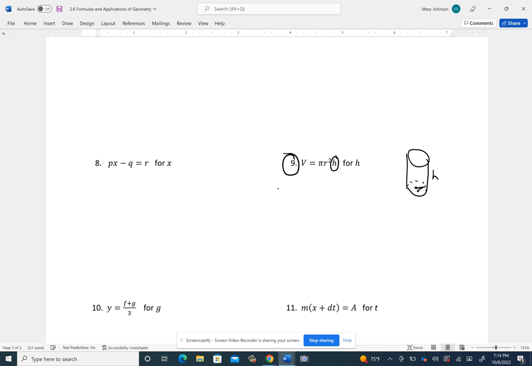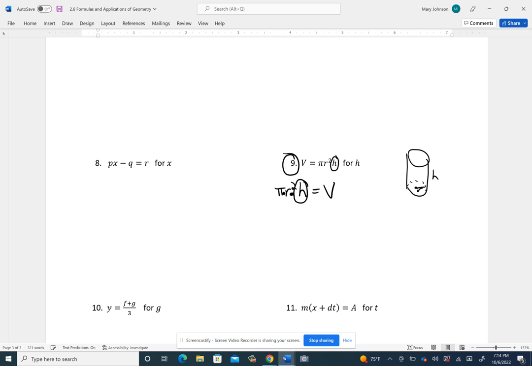What I recommend you do is rearrange the sides so that the unknown you're solving for is on the left. Circle it. That stays, and then everything else has to go. So you need to look at what operation is happening between those variables and h. And you see how it's all multiplication there.